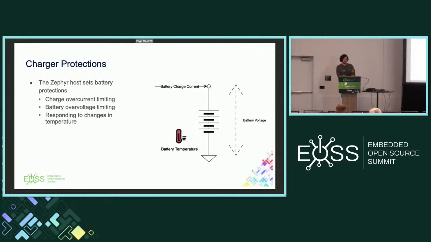On the output side, some of the protections we can set through the control port are overcurrent limiting, so setting a threshold of the maximum current that can pass into this battery pack. Similarly, battery overvoltage limiting, and responding to changes in temperature that are sensed by the charging peripheral.